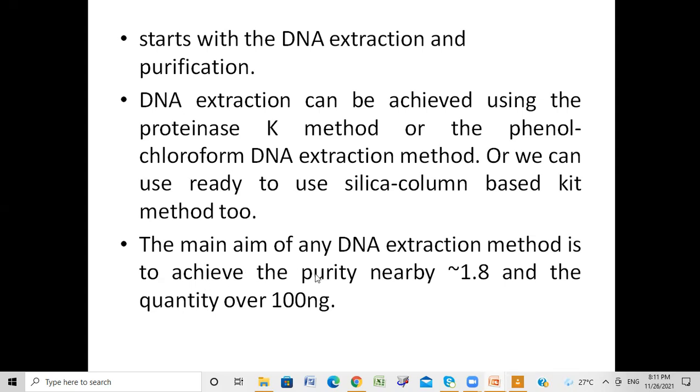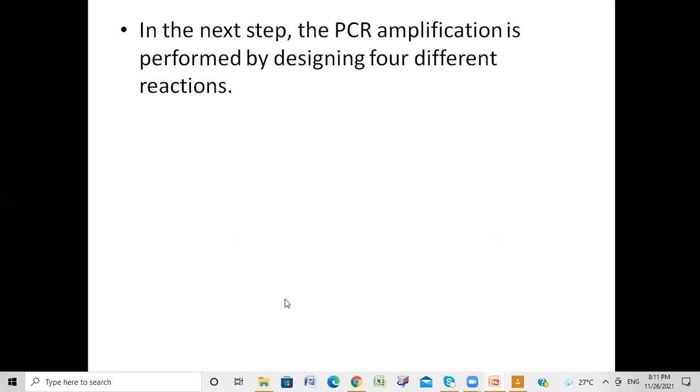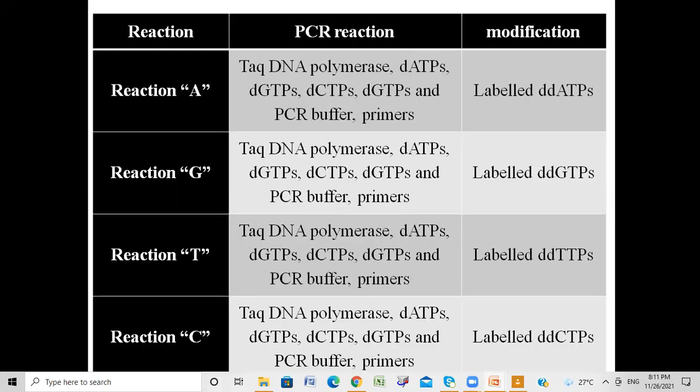The main aim of the DNA extraction method is to achieve a purity of 1.8. I already explained what this 1.8 is. And the minimum quantity we need is around 100 nanograms. The next step, the PCR amplification, is performed by setting up 4 different reactions, as we did earlier.